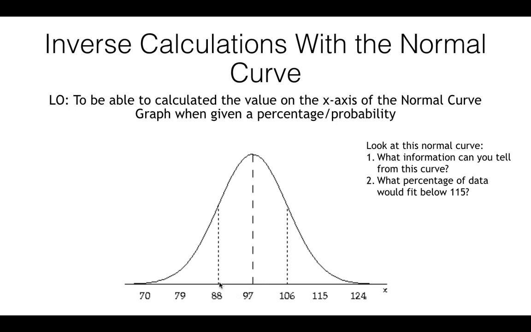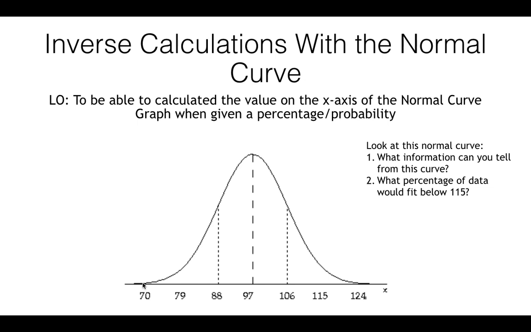Each of these numbers here represents a standard deviation, one standard deviation from the mean in either direction, one here and one there, two standard deviations from the mean, one here and one there, and then three standard deviations from the mean shown here.